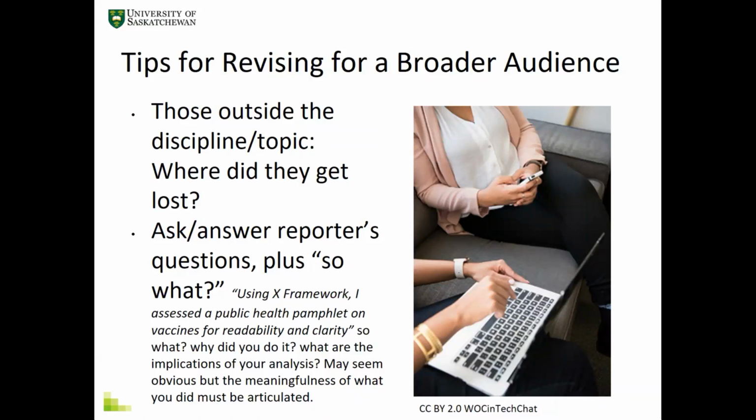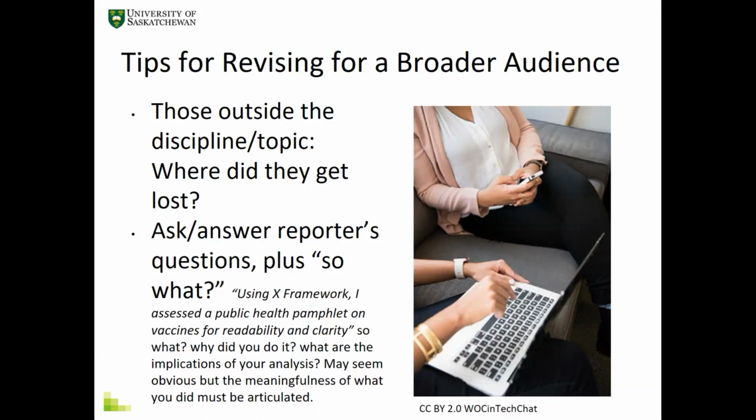So you might say in your paper, using such and such framework, I assessed a public health pamphlet on vaccines for readability and clarity. So what? Why would the reader care about that? It might seem self-evident, particularly during a pandemic, but really spelling out why you did it, what the significance of it is, what the consequences of poor public health communication are, what the implications of your analysis are.